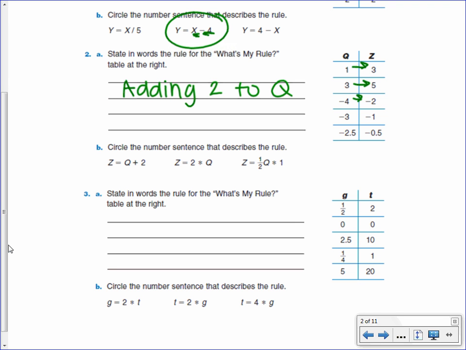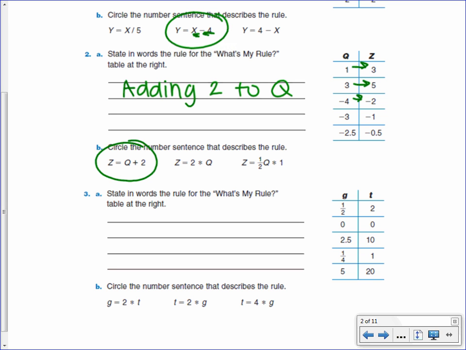So now they have a couple different rules. They have Q plus 2, 2 times Q, or 1/2 times Q times 1. Which of those rules match what we just said our rule was in our words? Claire, what do you think? Q plus 2, right?